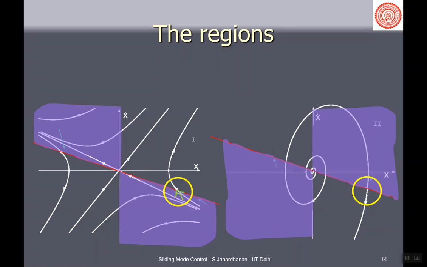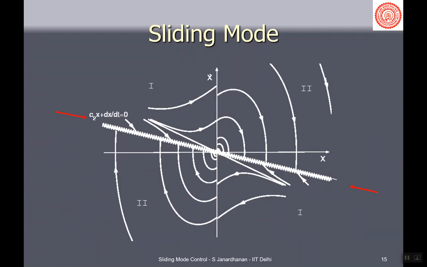What about mode 2? Again, you see that when it is in mode 2 also, it is being pulled to this line. So if you combine both of them, it is pulled towards this line at all times. And once it comes along the line, what is happening? Once it comes along the line, you will have this differential equation being satisfied.